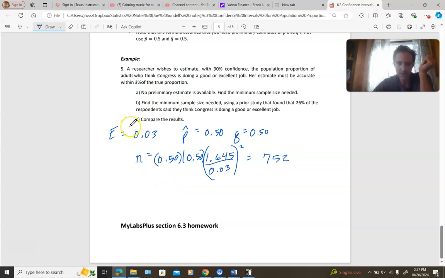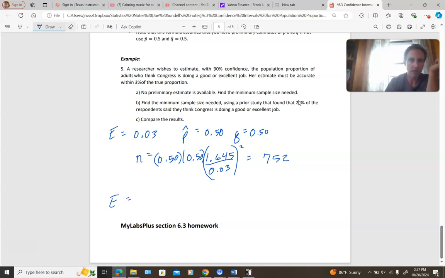All right, so now let's look at part B. It says find the minimum sample size needed using a prior study that found that 26% of the respondents said that they think Congress is doing a good or excellent job. All right, so now we have an actual point estimate from a previous sample, or from a previous study, okay? So again, we're still using the same formula.